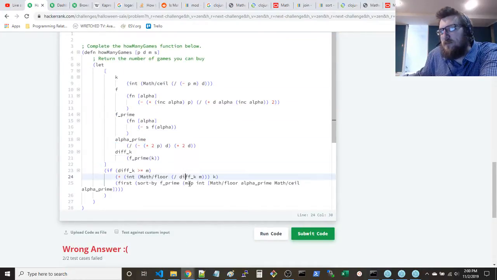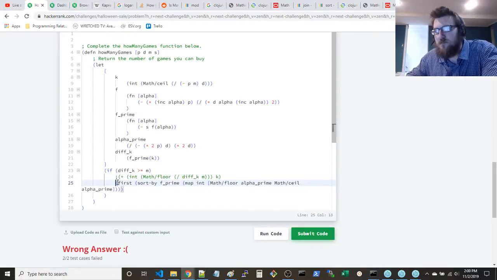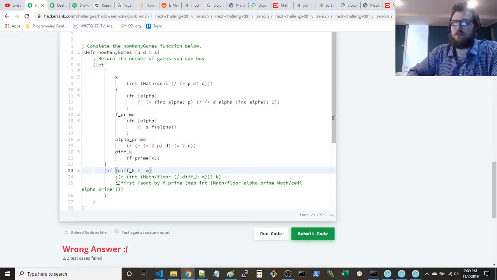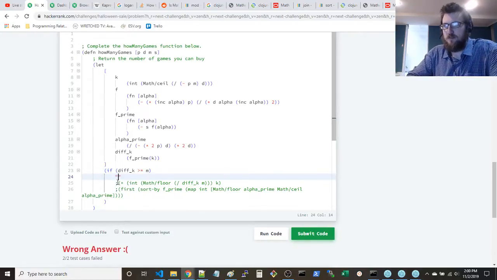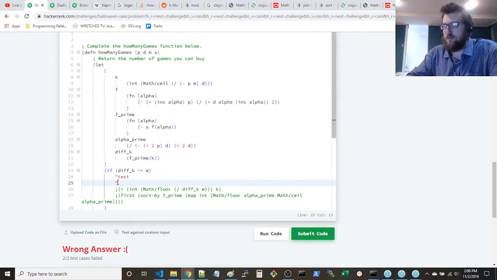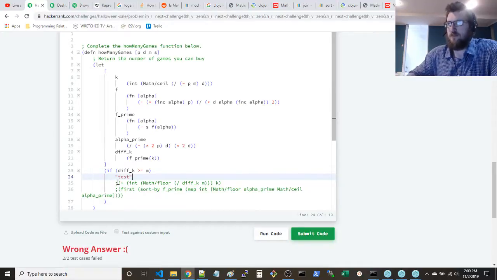Alright, leave ceiling in there, but remove floor. And it's just gonna be test, test.